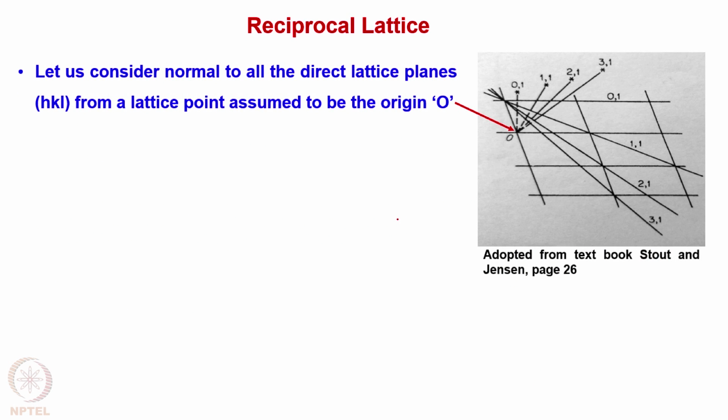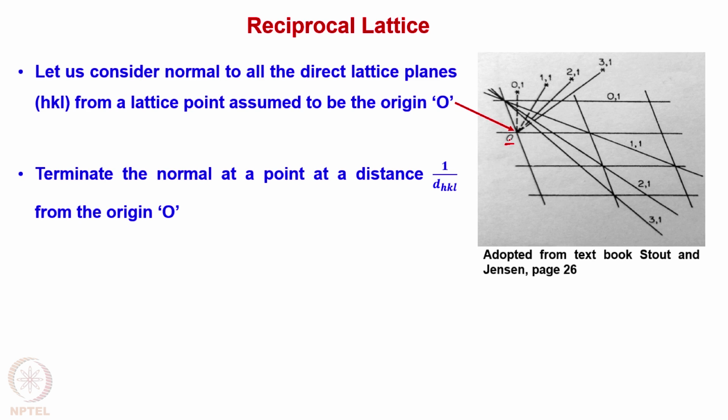On your right, we have a two-dimensional lattice adapted from Stout and Jensen's book. Let us consider the lattice point O to be the origin of the lattice, and consider normals to all the direct lattice planes hkl from this origin.